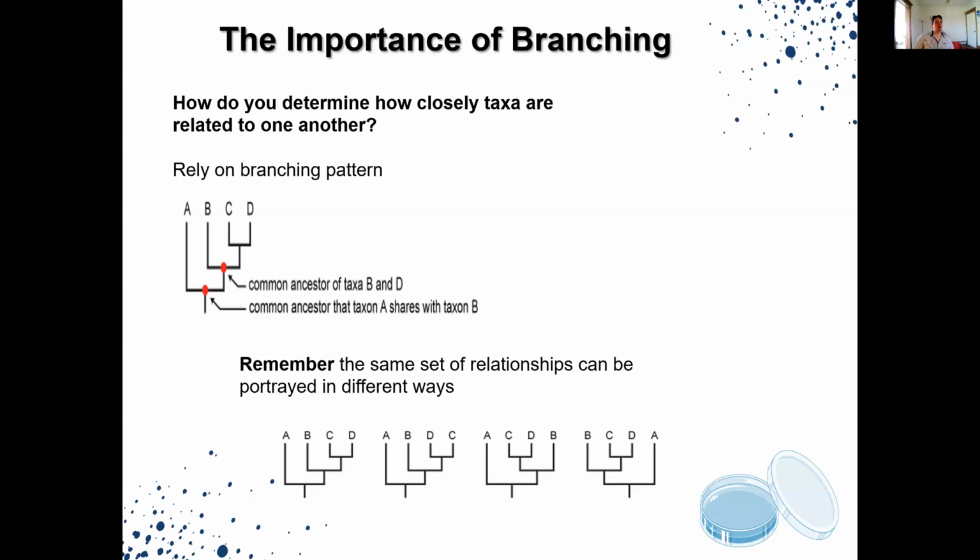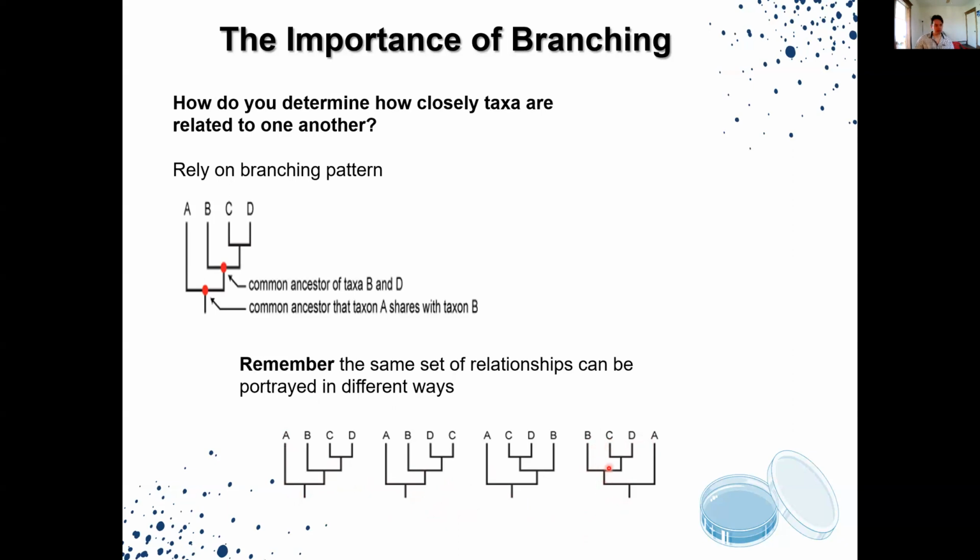Then we get to the bottom portion, because it's the branching that is important, not the tips of the trees, as we just discussed. All of these trees are actually the same thing. They convey the same information because they have the same branching pattern. So if you were ever asked in an exam to order these sequences, how you arrange them at the tips is not what matters.